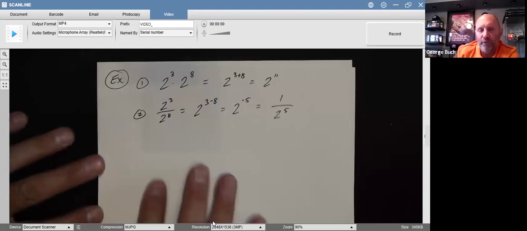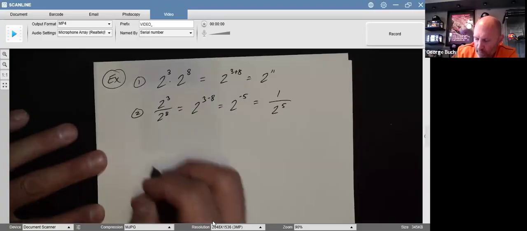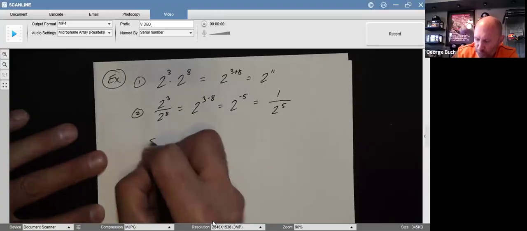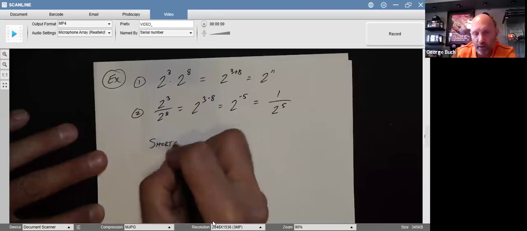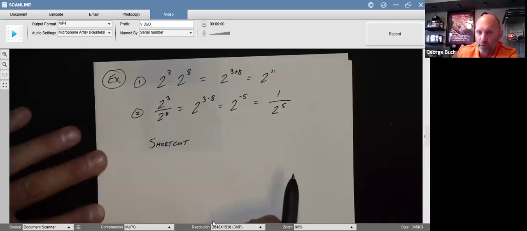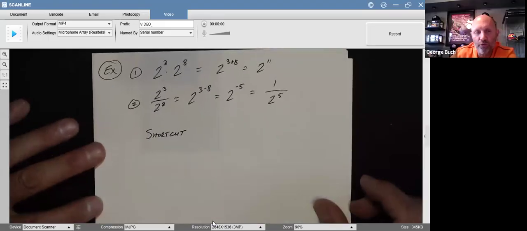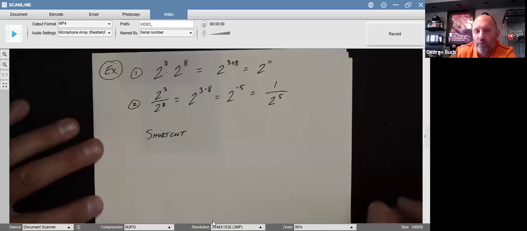When we are simplifying exponent problems that have a fraction, we can do the following shortcut. And again, you're thinking, okay, more shortcuts. Yes, I will try to give you shortcuts when they always work. If things don't always work according to a certain method, then I won't give it to you. I don't want you to have to worry about, well, does it work this time or not? If I'm giving you a shortcut, it's always going to work.